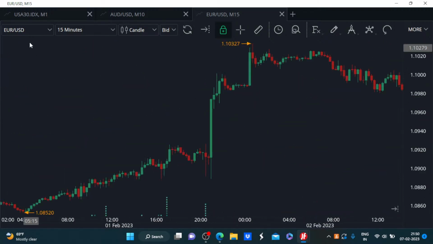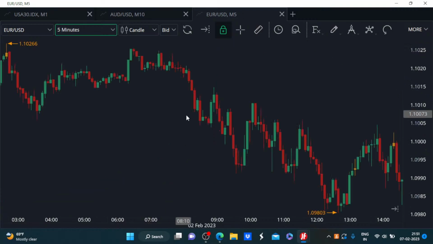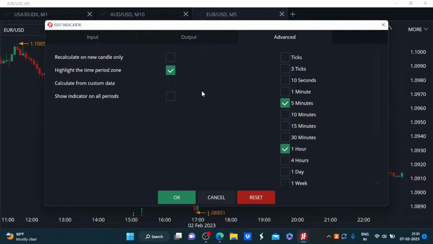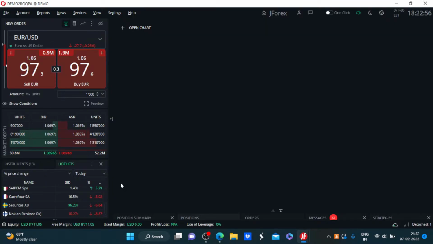So as to make sure that you can have multiple indicators on different time frames without making the chart look too cluttered. So that is the whole purpose of providing this option. Now I am again opting in for show indicator on all the time frames. All right, it's been recently added. Give it a try and see how it is going to help you in making your trading more profitable.